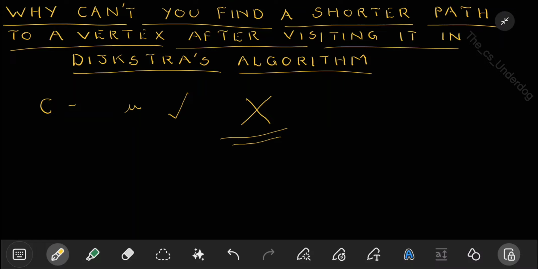Initially, just assume for contradiction that a shorter path to U exists even after it has been visited. That is, you already marked U as visited, but you are assuming there exists a path P which is shorter than what you already found when you marked it as visited.